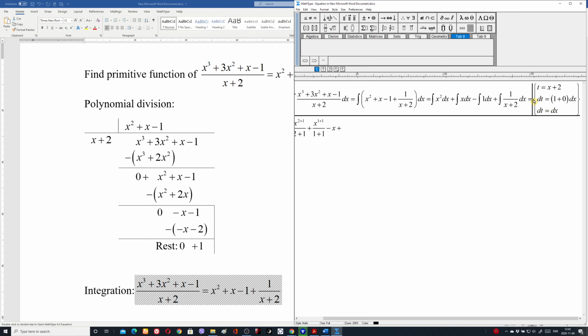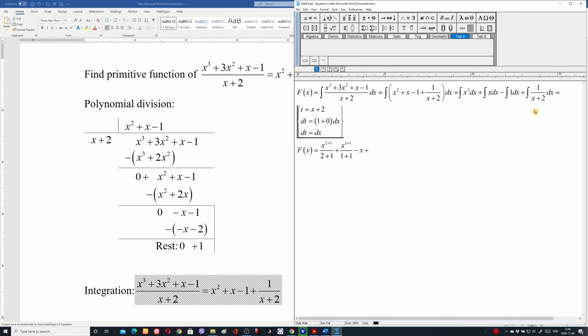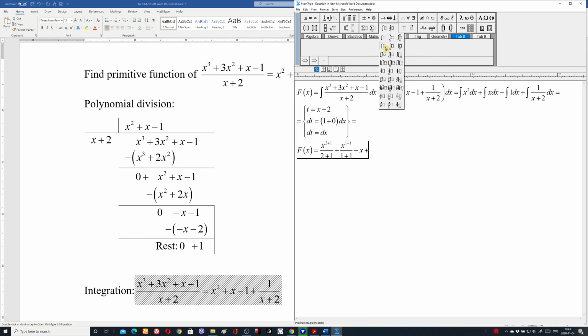Okay, so let me put this one here. It will be much easier to see what I'm doing. Okay, so now instead of this integral here, I will put a new integral, with 1 divided by t and dt.